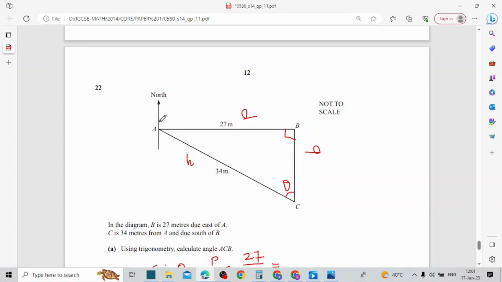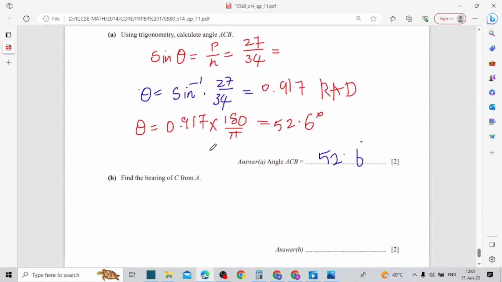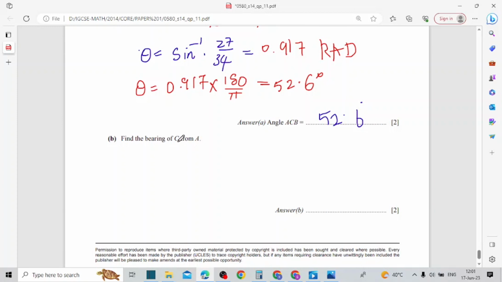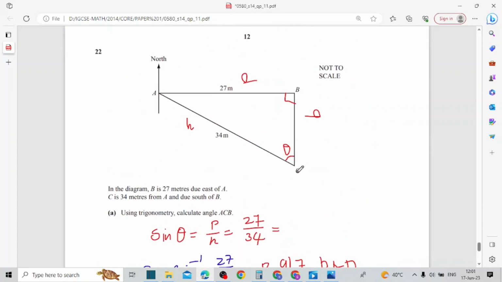In this case, the bearing of C from A. This line C touches here at A, and the bearing is the other part of the angle. Yes, here. This is the bearing.